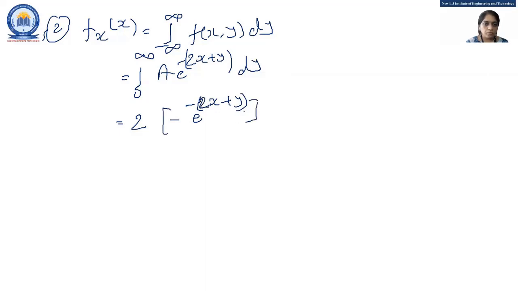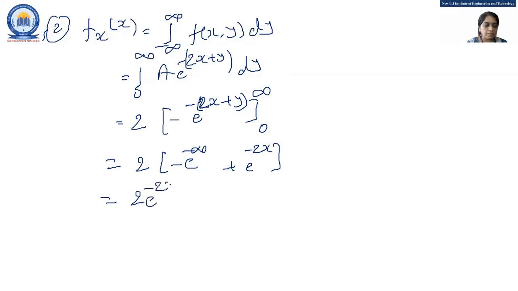We are doing the integration with respect to y now, right? So here 2 times minus e to the power minus infinity plus e to the power minus 2x. So the final answer is 2 times e to the power minus 2x when x is greater than or equal to 0.